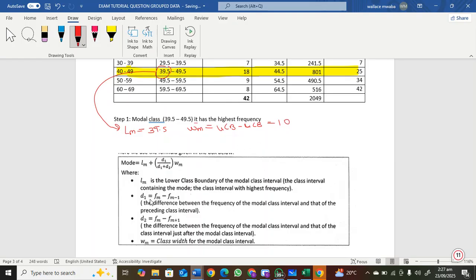Right. So D1 is the difference between the frequency of the model class and the frequency before the model class. So FM, the frequency of the model class, is 18.